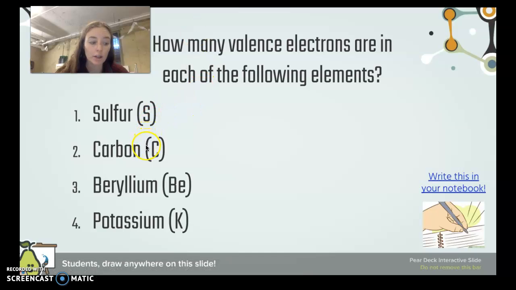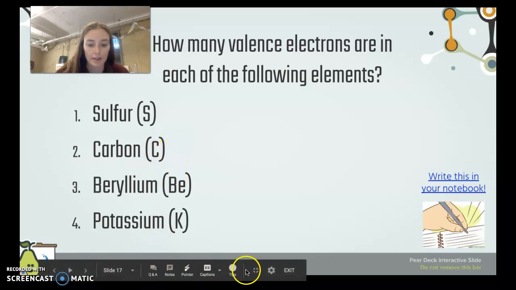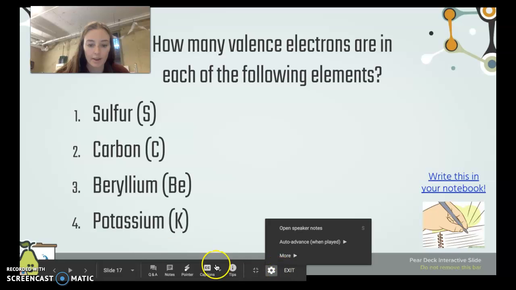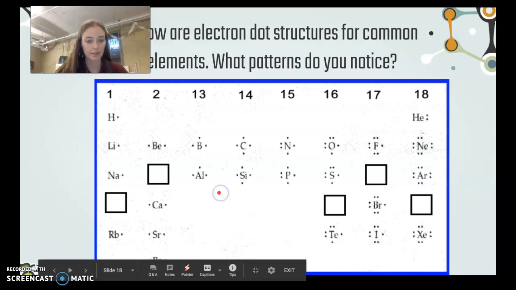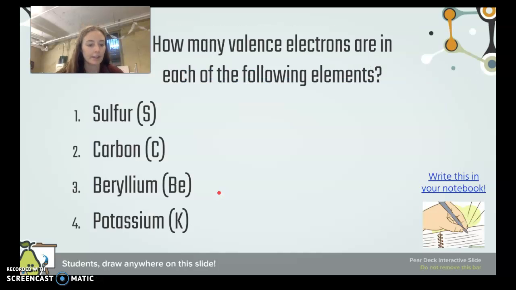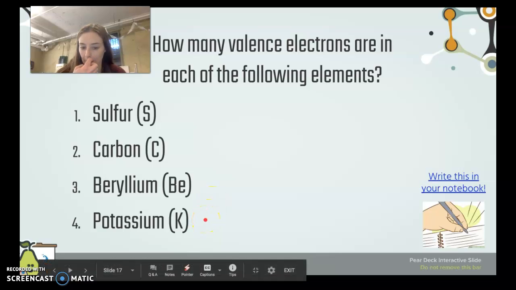And then carbon is in group 4A, so it has 4 valence electrons. And then we have beryllium, which is in group 2A, and that has 2 valence electrons. And then finally, we have potassium, which is in group 1A, so that has 1 valence electron. So make sure you have those written down.